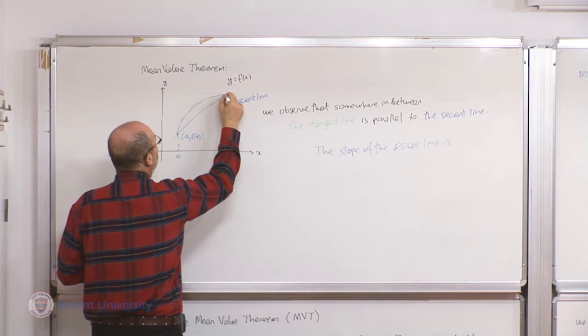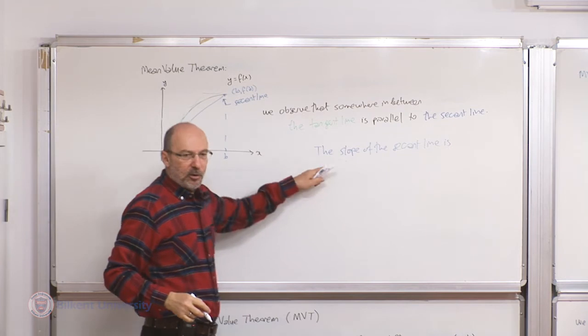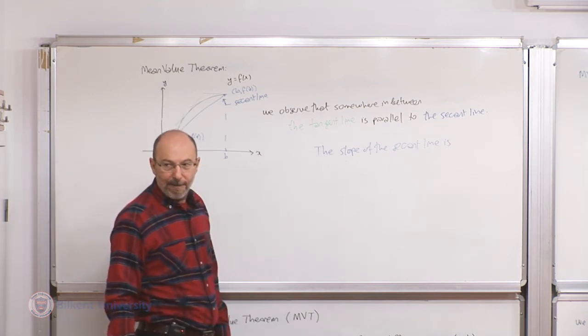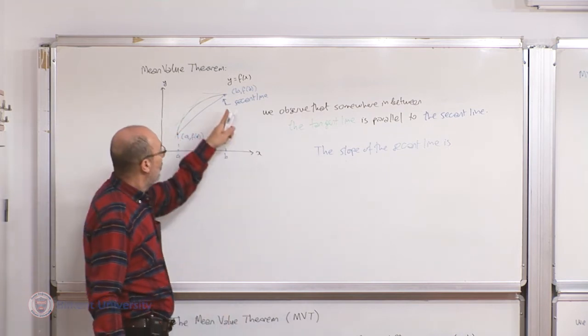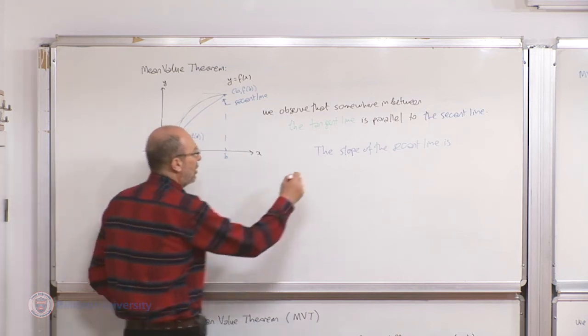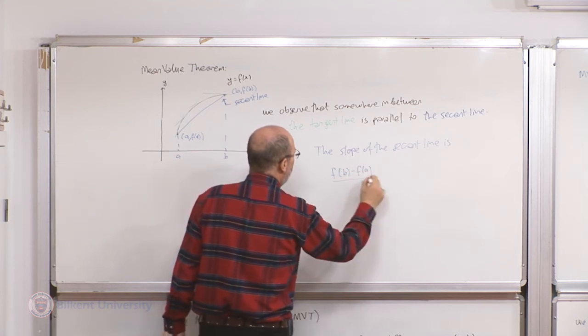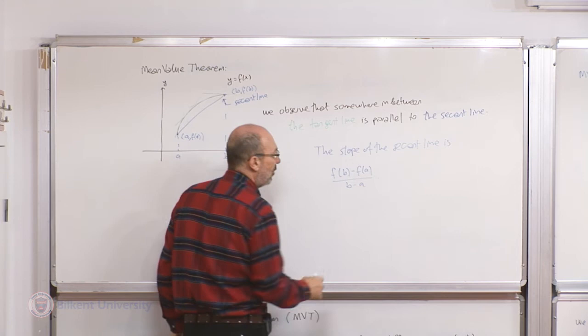This point is (b, f(b)). So what is the slope of the second line? This distance divided by this distance, right? So this is f(b) minus f(a) divided by b minus a.